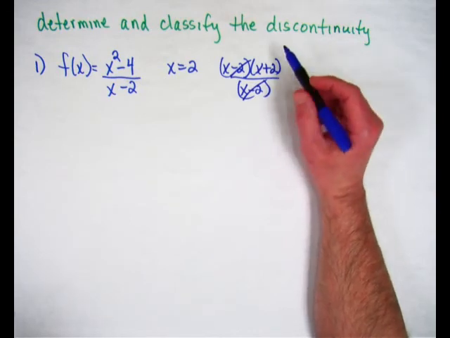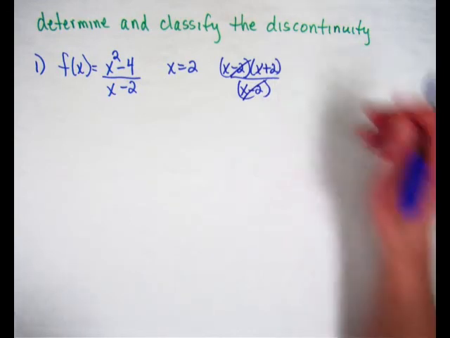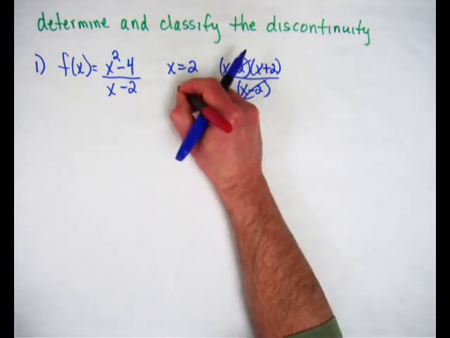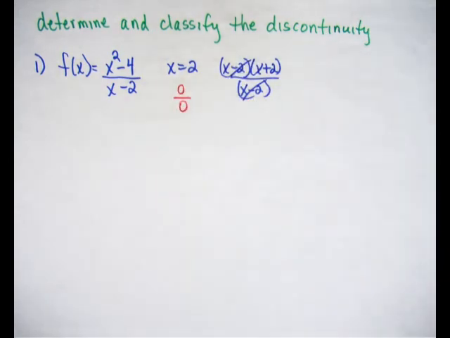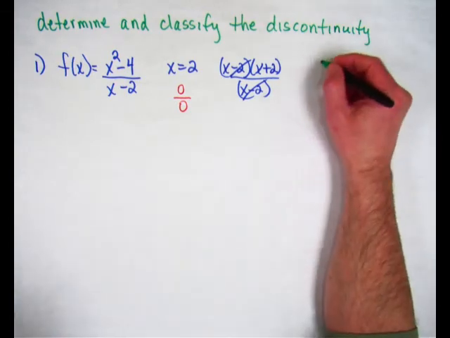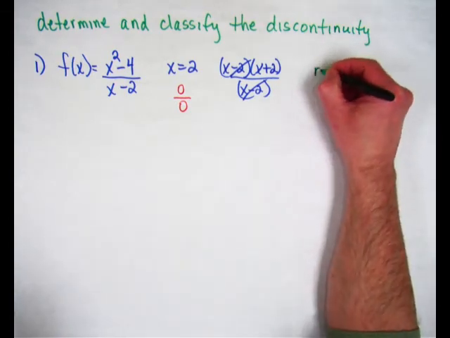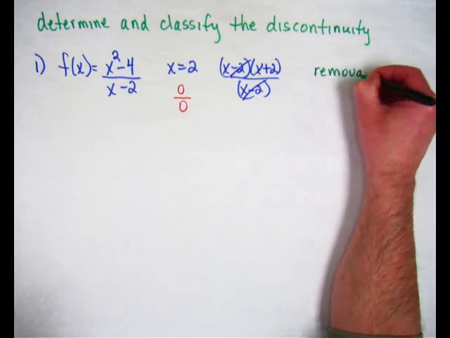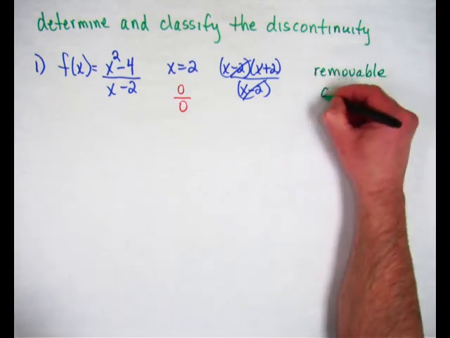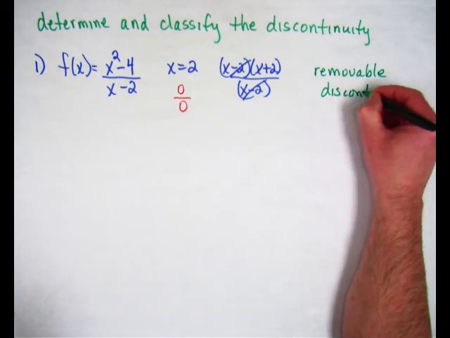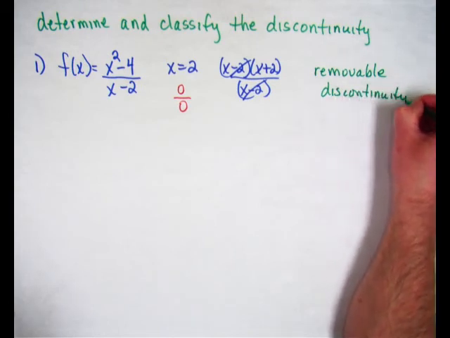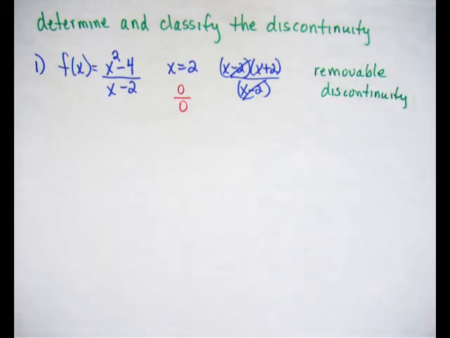So you know you have a removable discontinuity whenever you end up with 0 over 0 when you make a substitution. So we would say that this function is discontinuous at x equals 2, and it's removable. So very simple to determine that. If you get 0 over 0, it's removable.